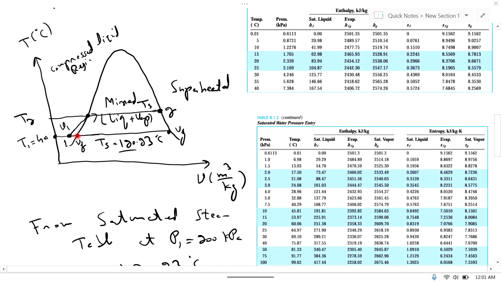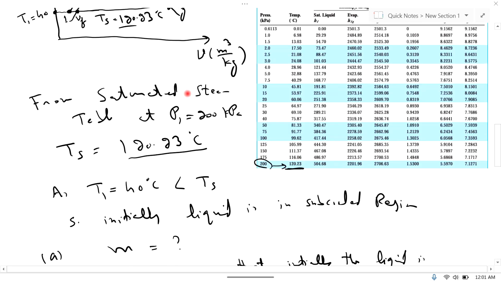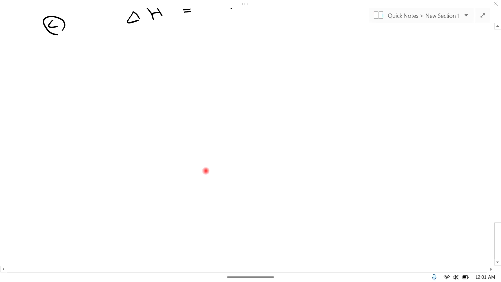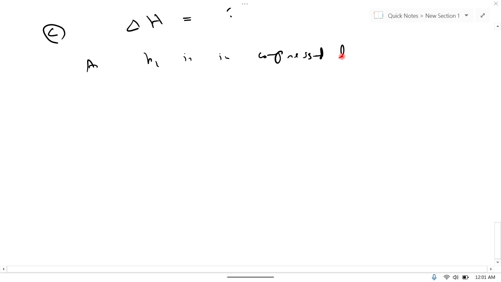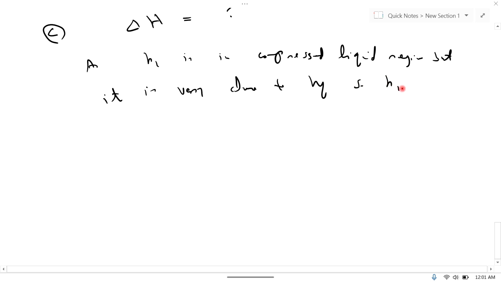Now similarly these two points are very close to each other, so H1 is equal to Hf. H1 is in the compressed liquid region, but it is very close to Hf, so H1 is equal to Hf.